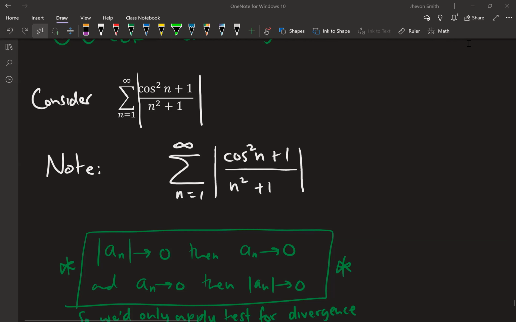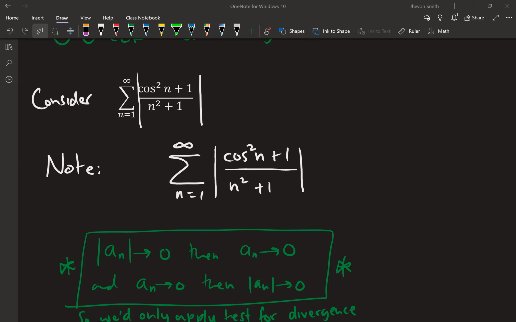Okay, seems the grasshoppers have forgotten their training. You see a trig function in something, you tend to want to get rid of them. You get rid of them by bounding them above by an upper bound. For example, we know that cosine n in absolute values is less than or equal to 1. This is just something that you should automatically think when you see a trig function and absolute values.